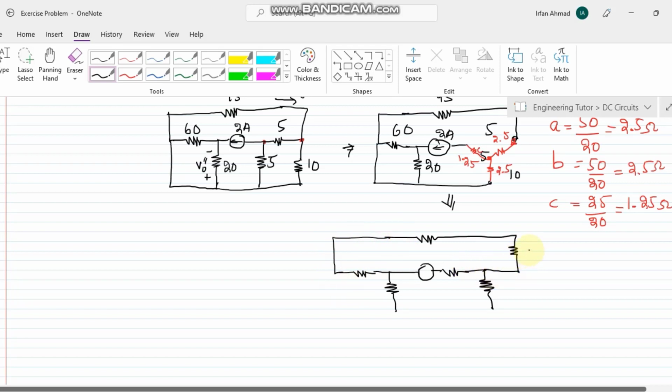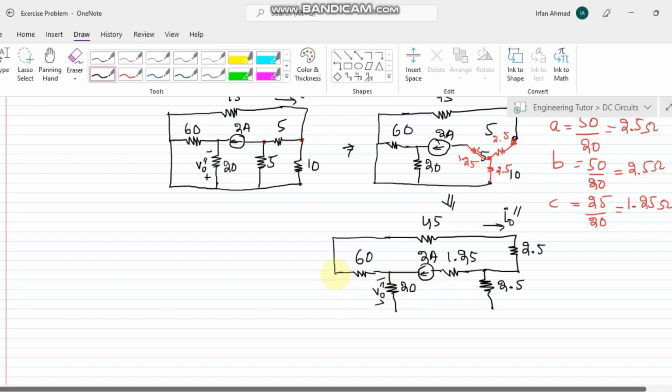Okay, so you can very easily see here that this is 2.5, this is 45, this is also 2.5, this is 1.25, and this one is the 2 amps. This is 20, this is 60, and this is I naught double prime, which I have to find out, and this is V naught double prime.